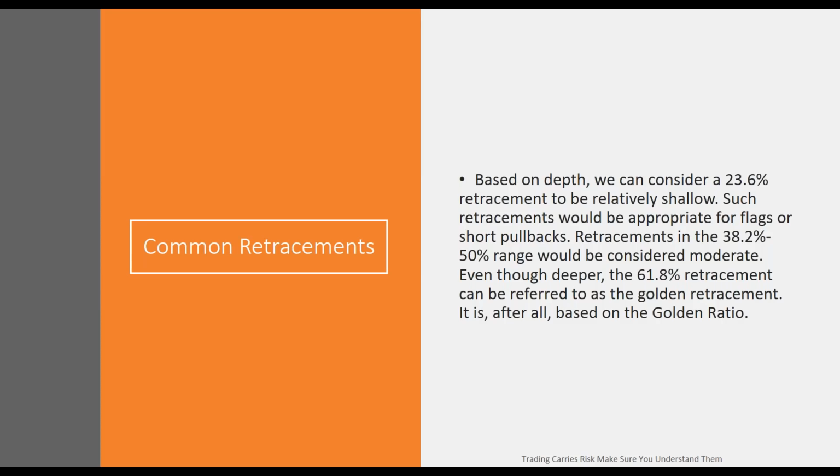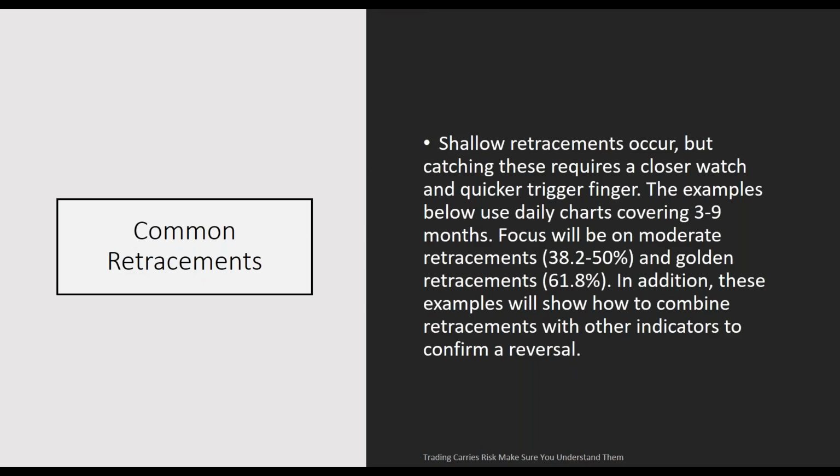It is, after all, based on the golden ratio. So shallow retracements occur, but catching these requires a close watch and quicker trigger fingers. They're very hard to pick out because they are so shallow. So we use primarily, like I said, 38.2, 50, and 61.8.